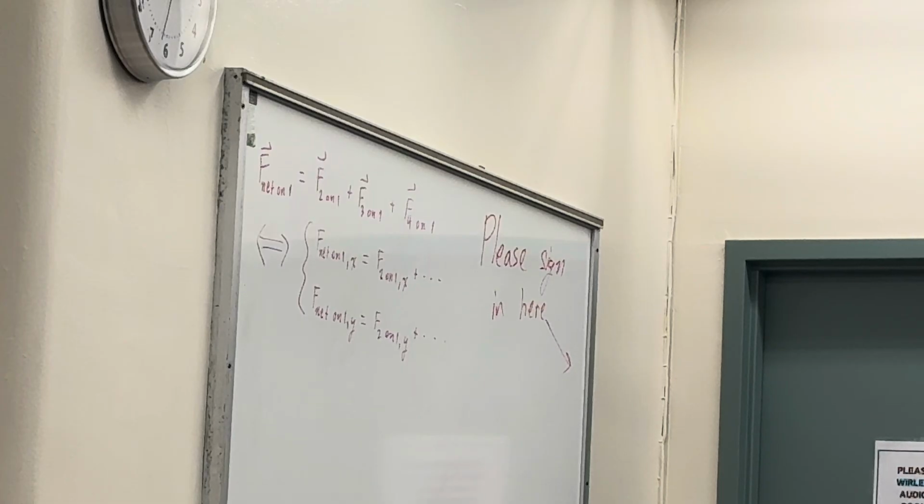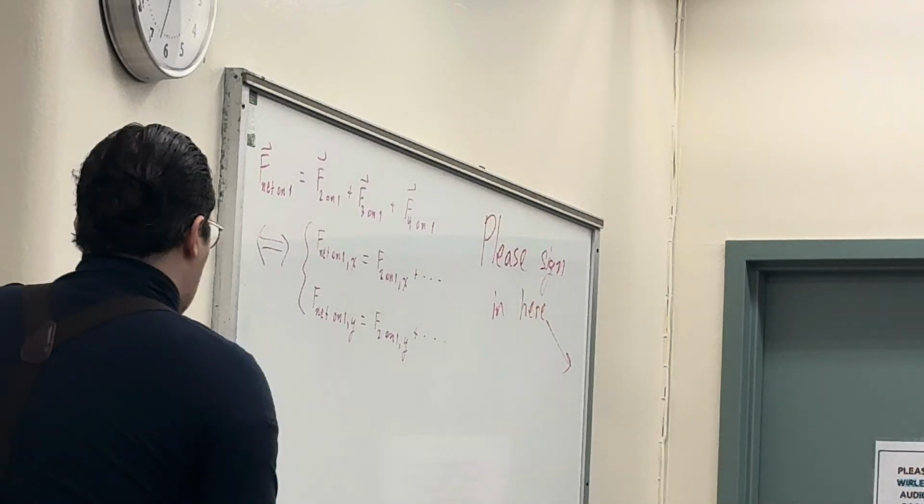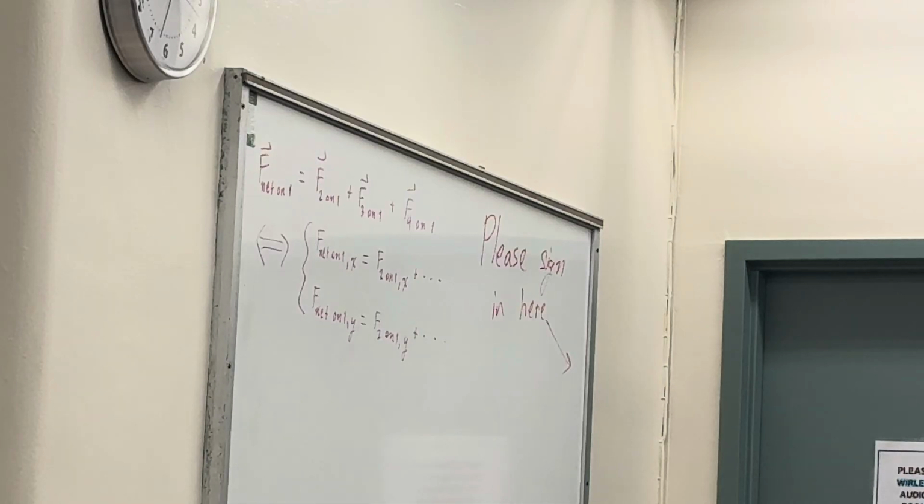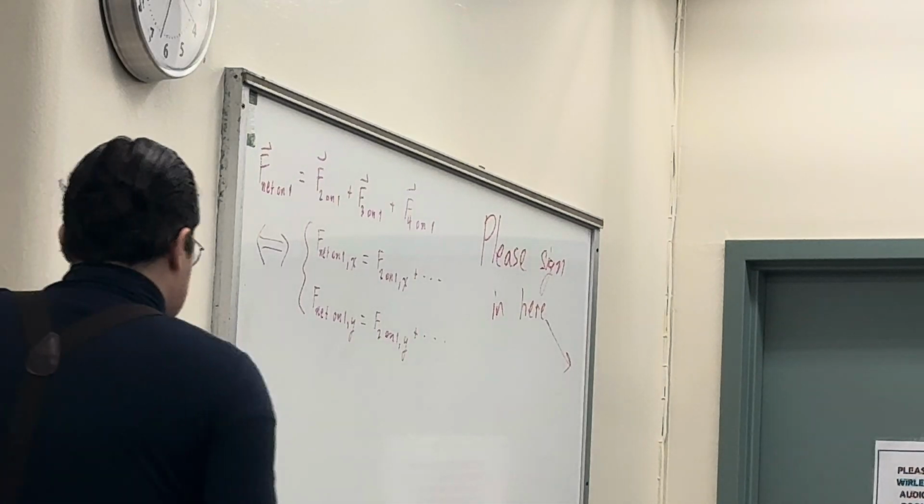So the x component of that is going to be this thing plus this thing plus this thing. And then the y component is going to be this part plus this plus this. That's it. So just so that I don't have cluttered notation, let me separate the x and the y parts.